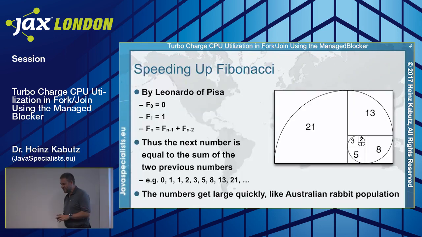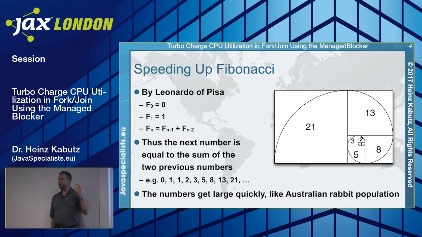All right. So we're going to look at a little example that you probably know called Fibonacci. The reason we're looking at it is because it's computationally quite expensive to do, and the mathematical formula is dead easy. f of 0 is 0, f of 1 is 1, and then f of n is the previous two numbers added together.